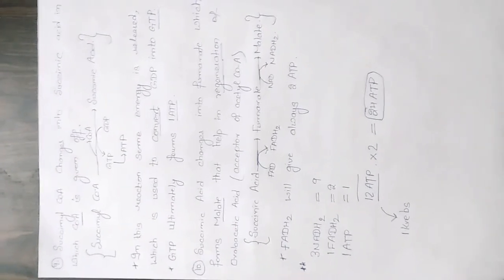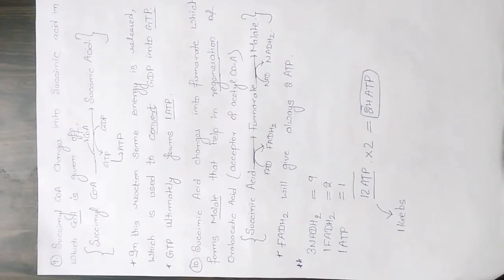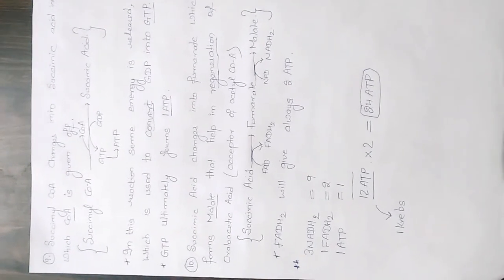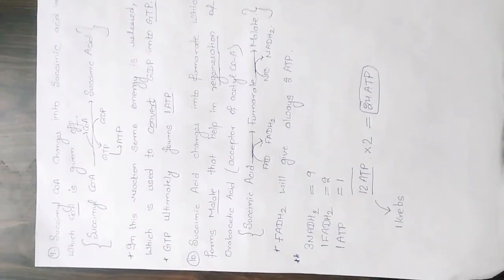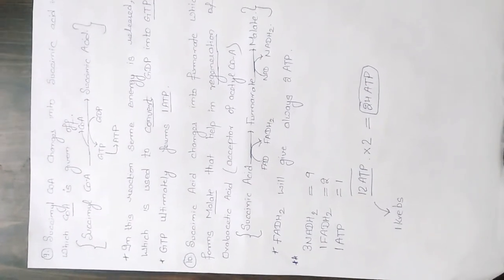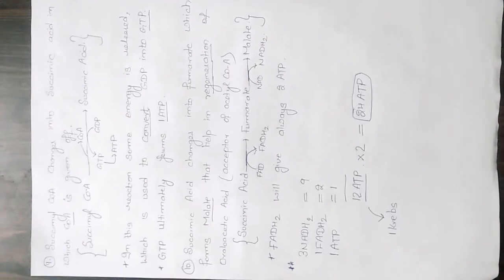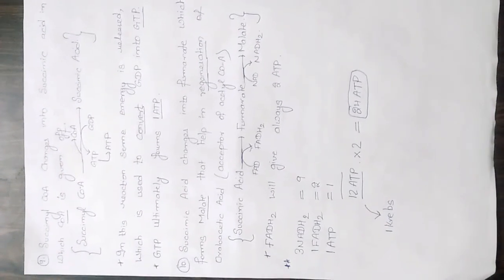Also remember, FADH2 will give always 2 ATP molecules. NADH2 will give 3, while FADH2 will give 2 ATP molecules. So for 2 pyruvic acid, how will you calculate ATP molecules? 2 pyruvic acid is formed.